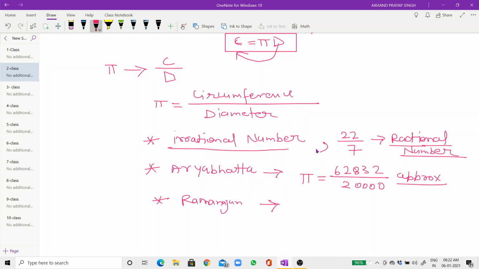He calculated the value of pi correct to a million places of decimal.